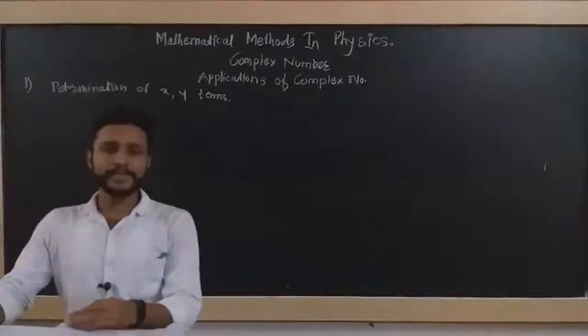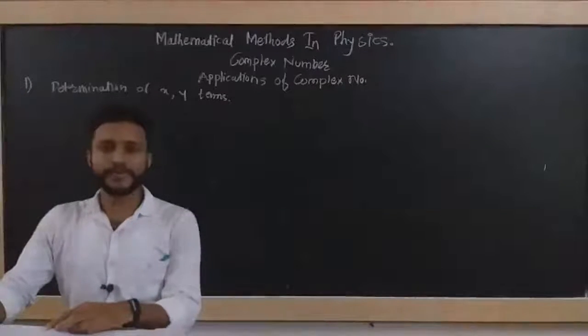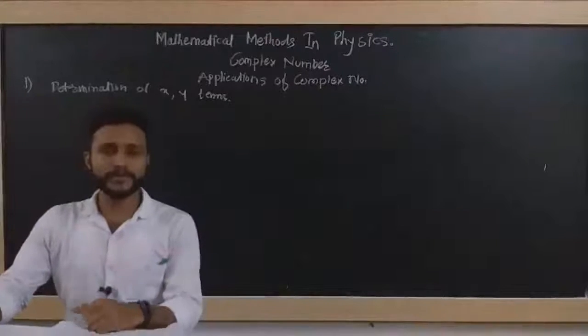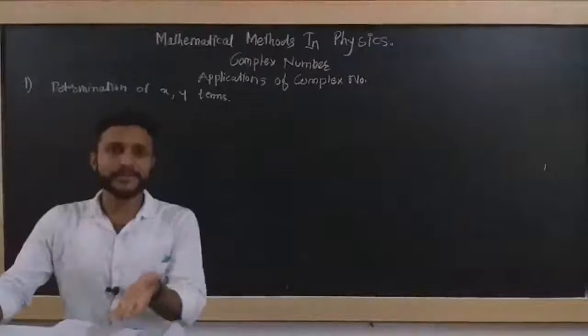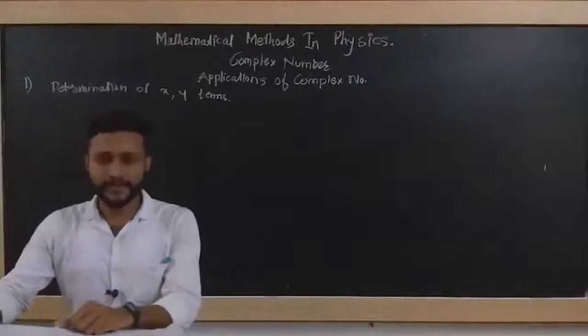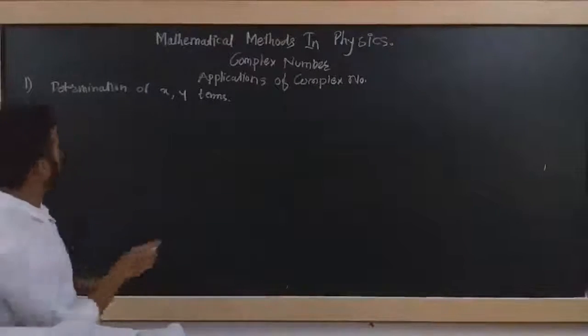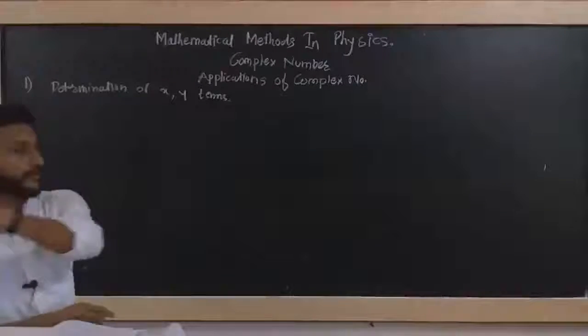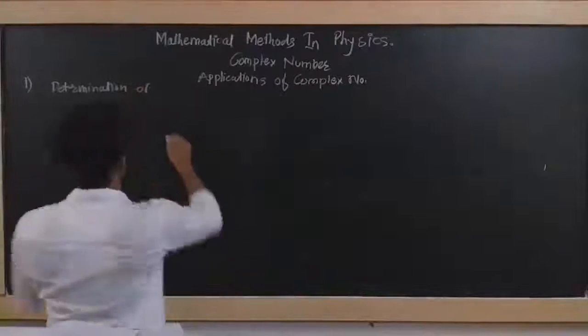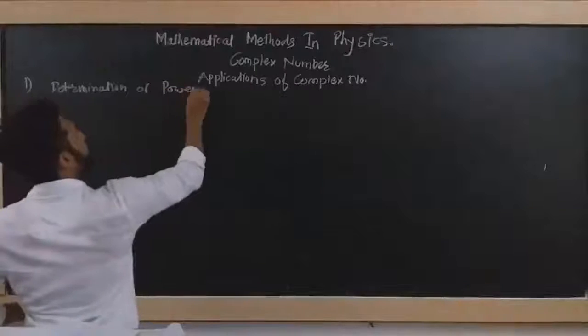Now the next category is to determine the power of a complex number. We already solved the problem about the power, how to determine the power of any complex number. But here is one problem, determination of power.